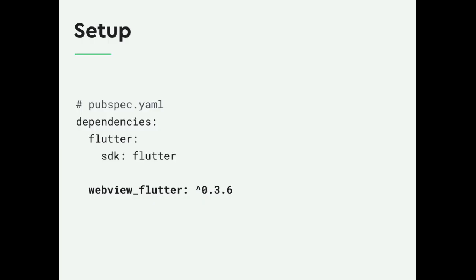To set it up, it's pretty straightforward. You basically just have to declare your package in the pubspec.yaml like any other dependency. You see that I'm using here version 0.3.6, and I think it's the latest. Luckily, they didn't release anything during Google I/O, so cool.